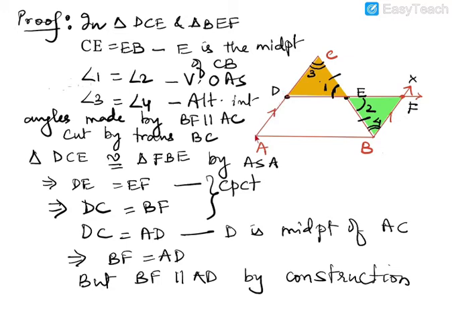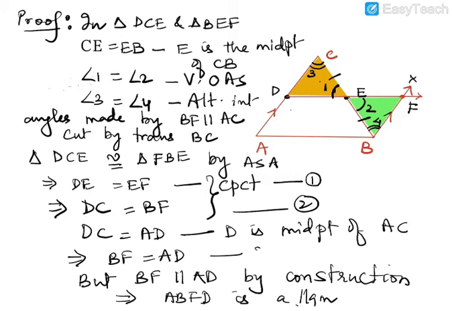So in this quadrilateral DABF, we have AD equal to BF now, and we have AD parallel to BF. So that means in this quadrilateral we have one pair of opposite sides parallel and equal. That means this quadrilateral is a parallelogram. We can mark these steps as 1, 2, 3 and this step as 4.